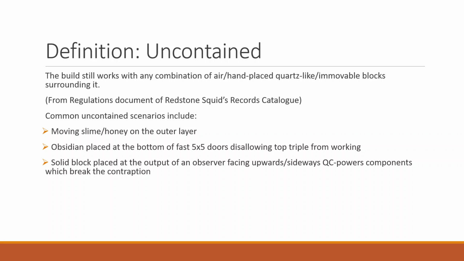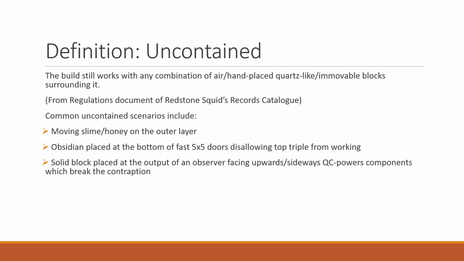Dispensers are less likely, but droppers and pistons. The observer powering actually will affect the pistons or dropper adjacent to the observer if you place a solid block next to the observer powering block.